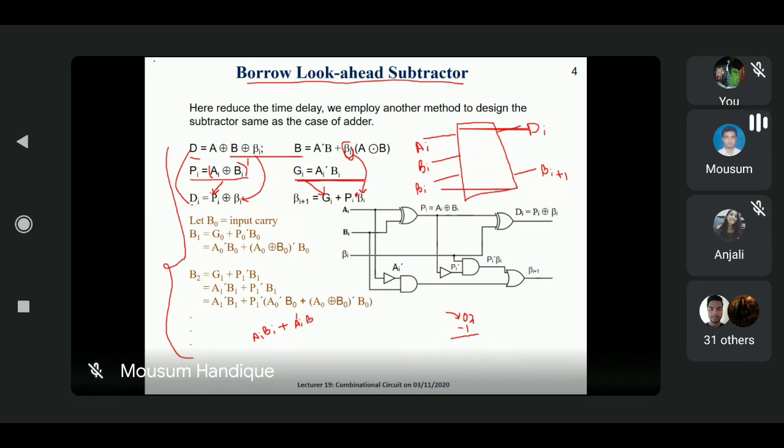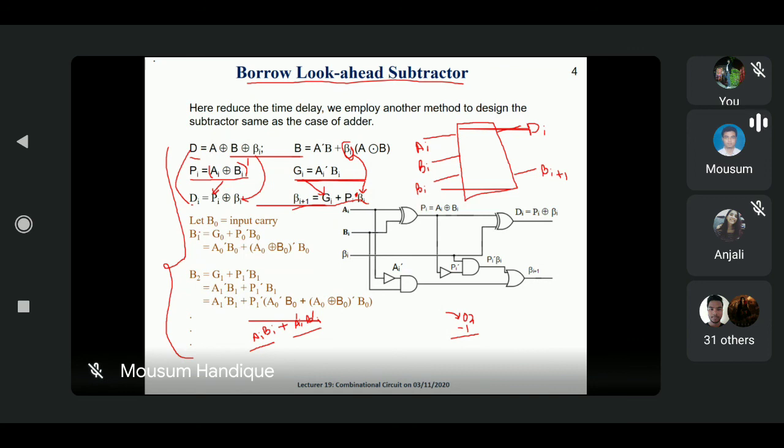Earlier we have seen how we break this one, so this is equivalent to this. That means this one is either 0 0 or 1 1. So this way the borrow is not generated, borrow is propagated. So here I am writing beta I plus 1 equals GI plus PI dash beta I.